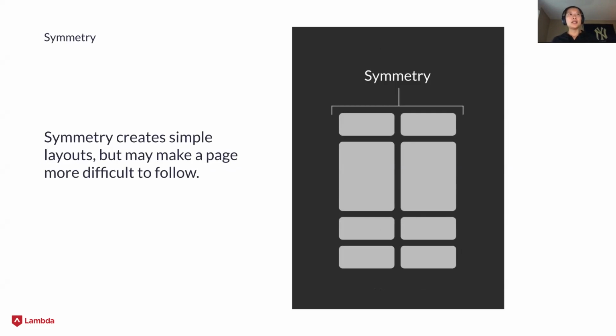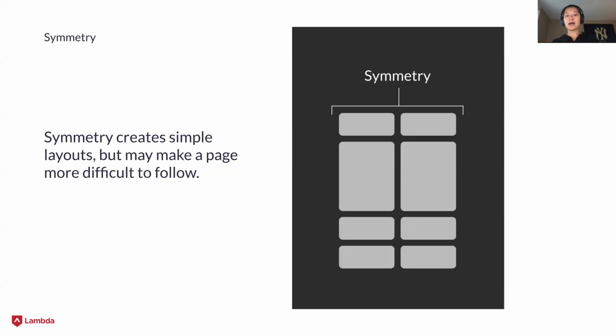All right, so this next one here is symmetry. Many early entry-level designers tend to design with symmetry automatically. They do so by making sure that everything is center aligned, the same size, evenly spaced. So you would see something like this on the right-hand side.